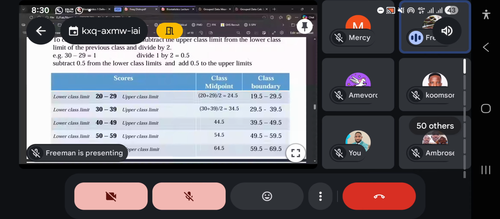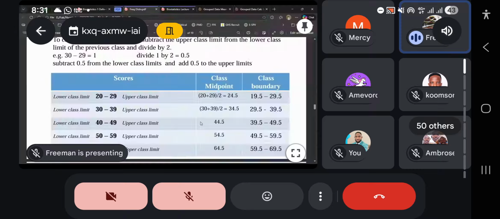The left-hand side figures are the lower class limits. The 20, the 30, the 40, the 50, the 60 are the lower class limits. The 29, 39, 49, 59, 69 are the upper class limits.